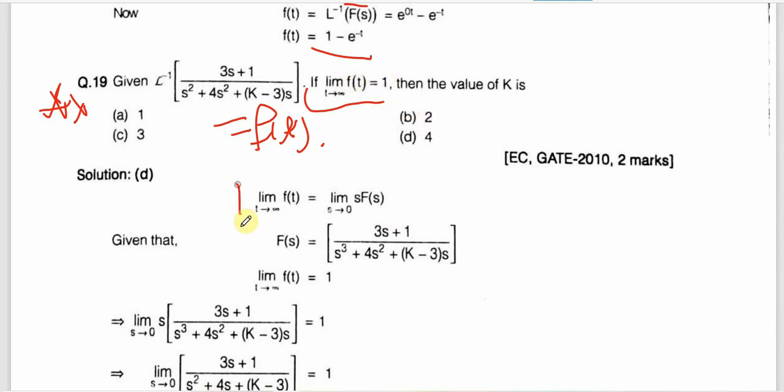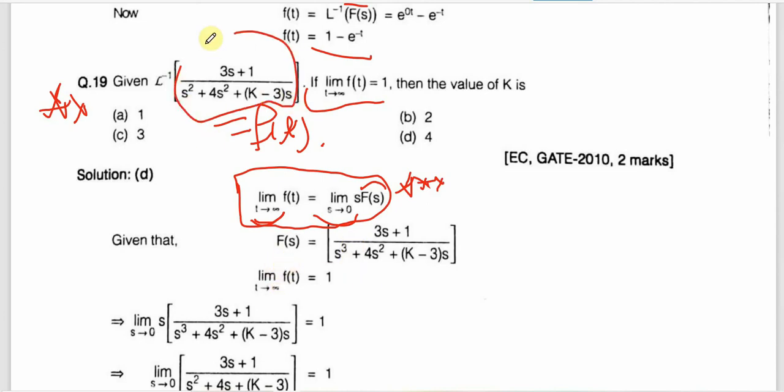I have already told you in the last class, you have to remember this formula. The limit of f of t will be the limit of s into Laplace of f of t, and if the limit here is t approaching infinity, then here s will approach 0. Okay, you have to remember this formula. It is important. Now the f of s will be this much.